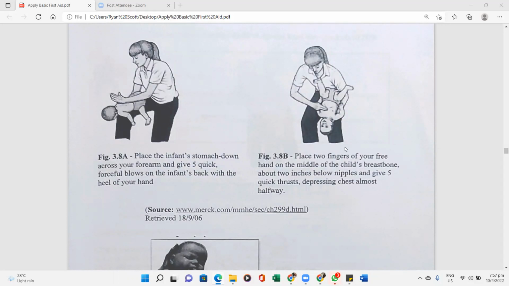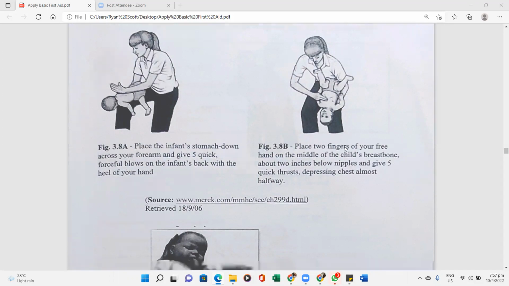Okay? It says place 2 fingers of your free hand on the middle of the child's breastbone, about 2 inches below the nipple, and give 5 quick thrusts, right? Depressing the chest almost halfway. So she has the baby almost upside down.